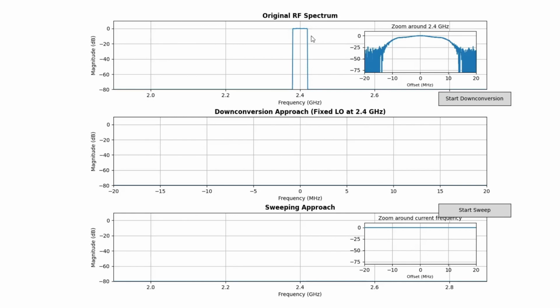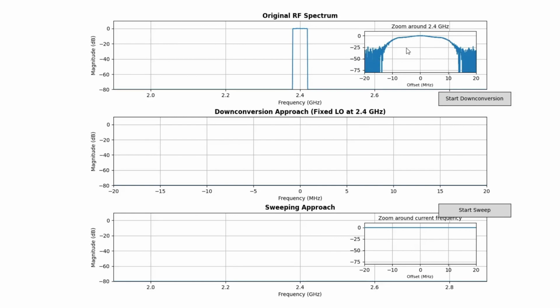What happens when we do that after the signal is downmixed, we get this baseband signal. The center frequency becomes 0 megahertz, and then we have the baseband has this shape.